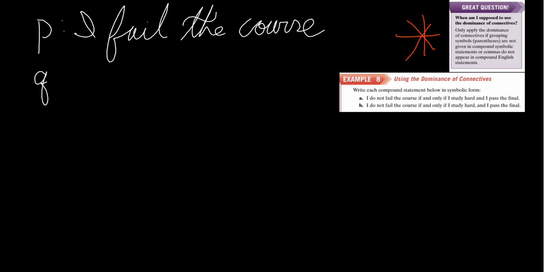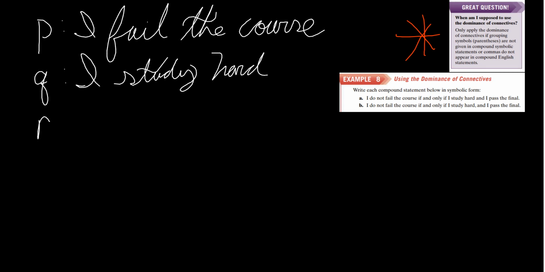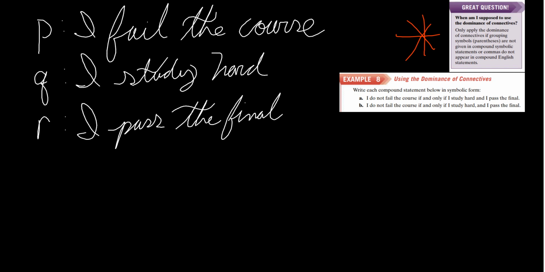Q will be I study hard, and then R will be I pass the final. Alrighty.